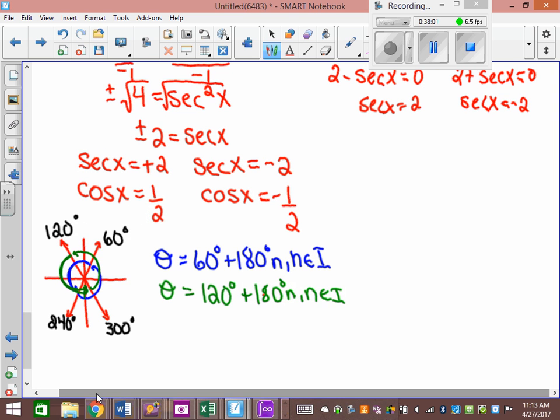So 60 is pi over 3. 180 is pi. Whoa, I don't even know where I'm going. My brain just stopped for a second. Okay. Theta equals pi over 3 plus pi n, n an integer, or theta equals 2 pi over 3 plus pi n, n an integer.